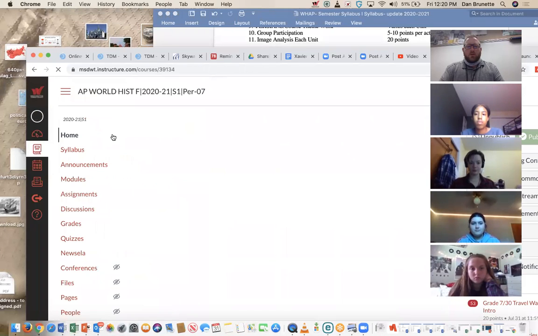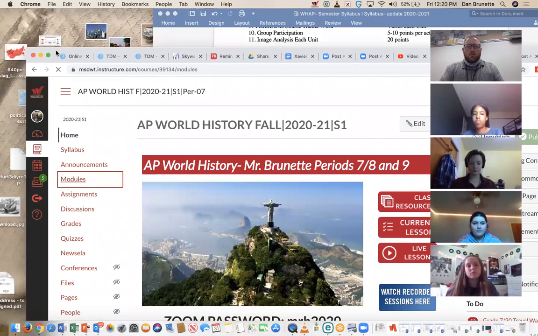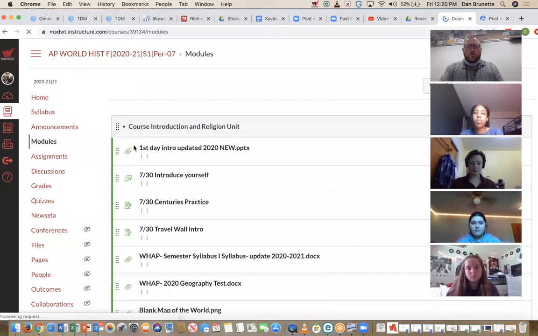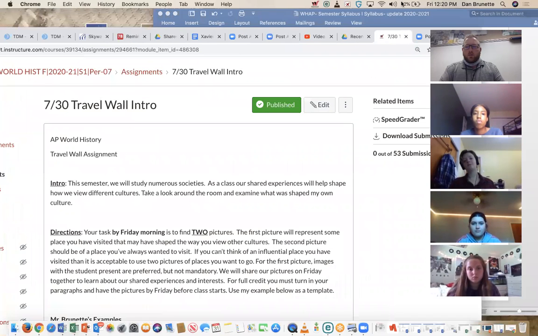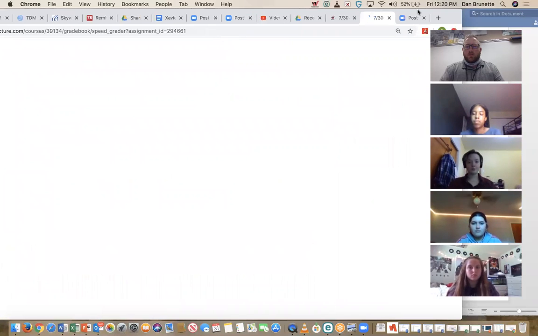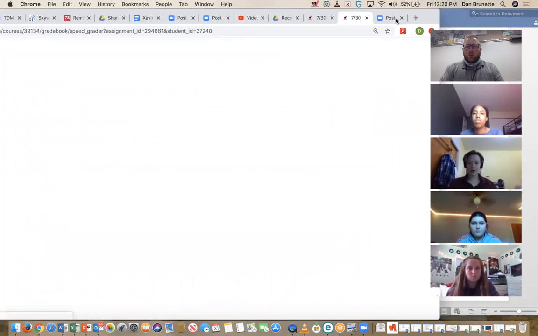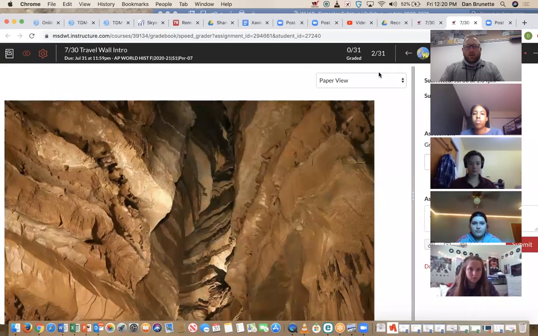Modules, and we're going to go to the travel wall. All right, and then hopefully, assuming this works appropriately, I am going to be able to click on this. And voila. Okay, so let me see if I can get this to pop up.